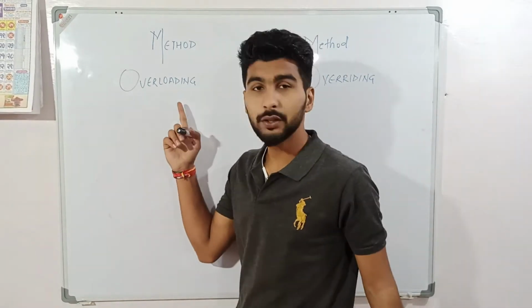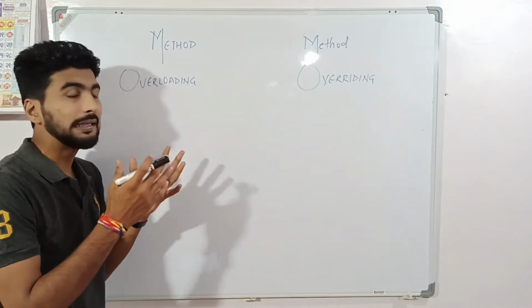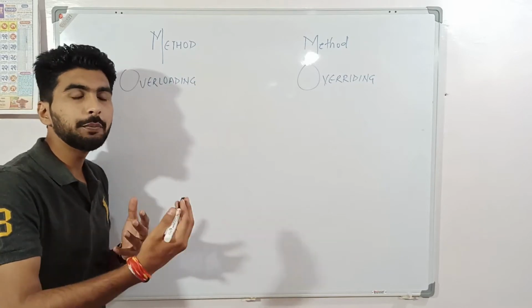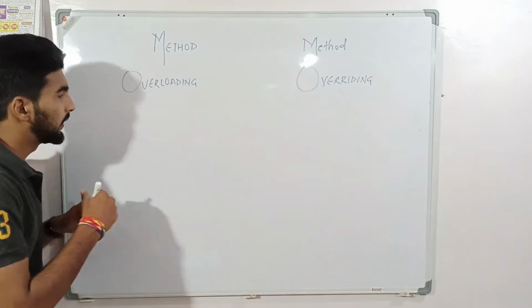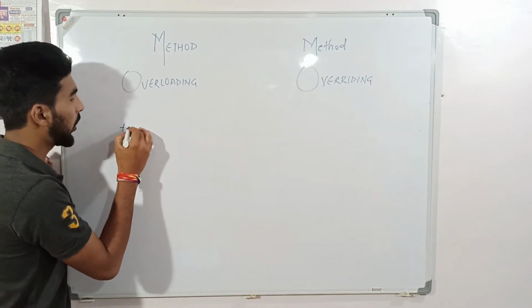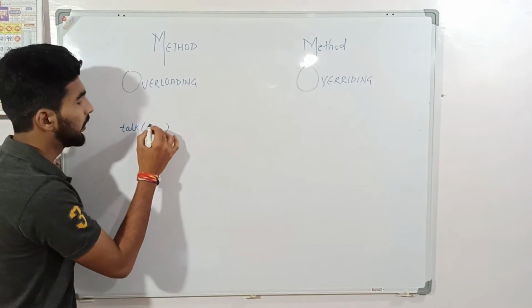Simply, in method overloading we create two different methods in the same class but with different parameters or a different number of parameters. Look here, I have a method named talk, and the parameter given is formal.